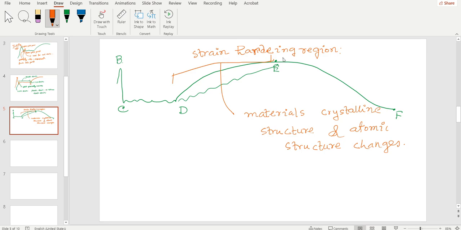And this is the ultimate strain, where the strain is 20% for mild steel, and at the fracture point 25% for mild steel.